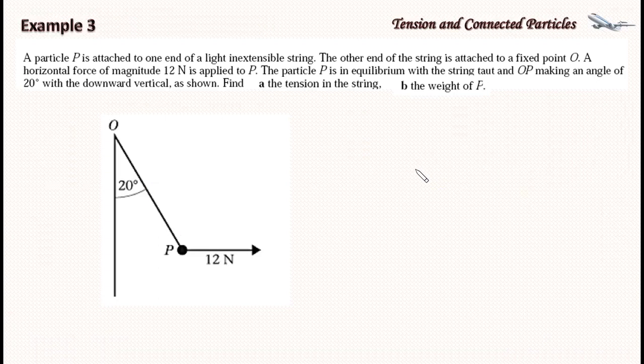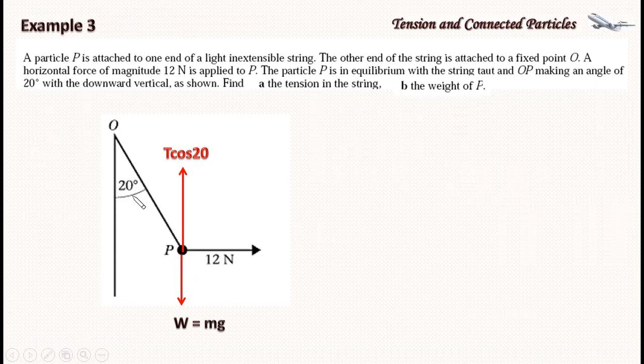So as usual, we start by resolving these forces into their components. First of all, the weight of P is given by W, where W is mg. Then we have the components of the tension T: T sine alpha horizontally, and vertically T cos alpha.